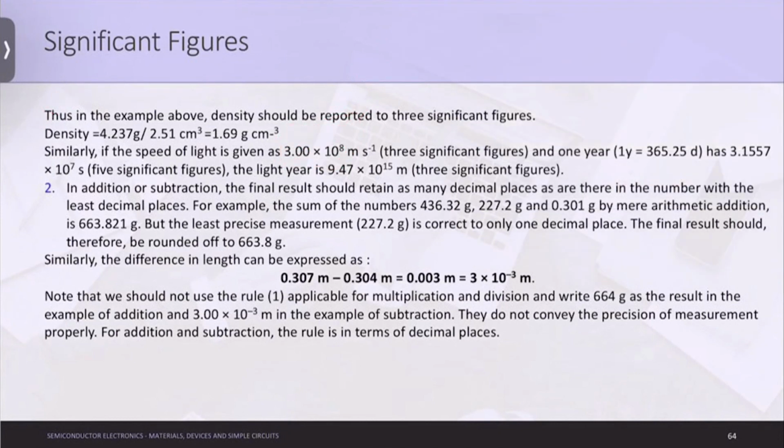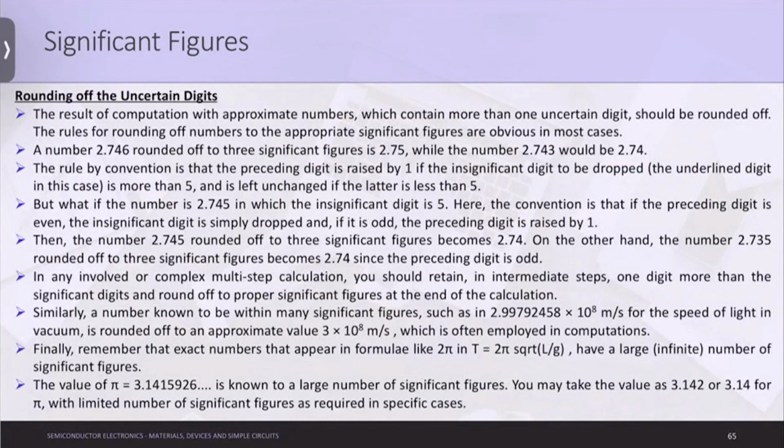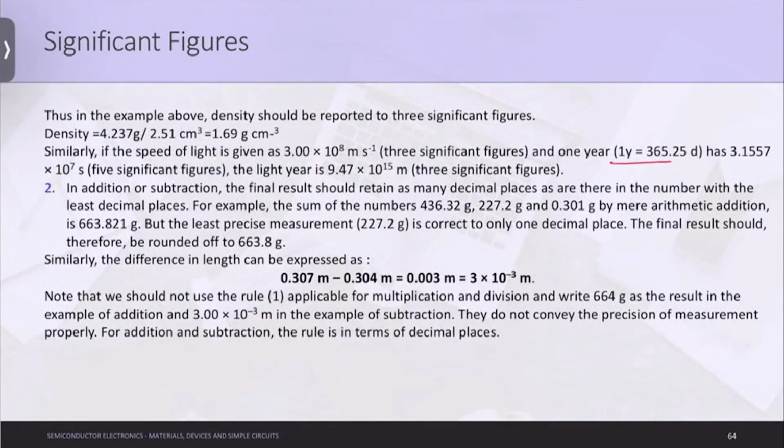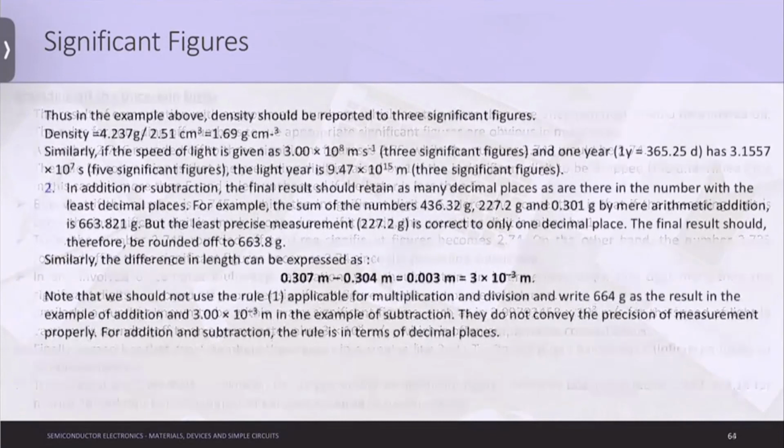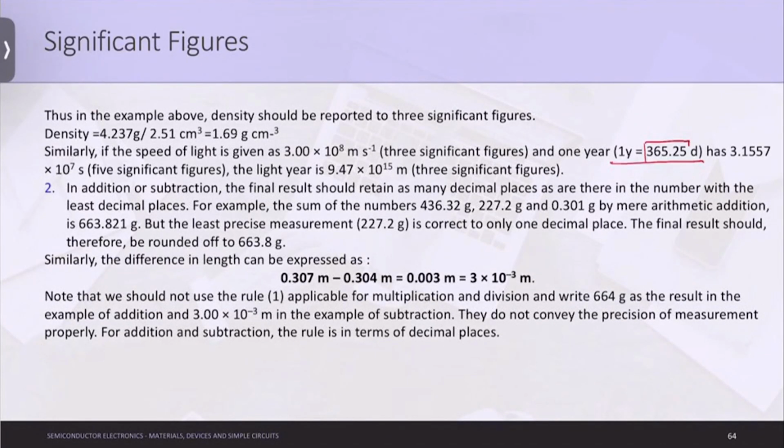And 1 year is 365.25 days, which is 3.1557 × 10 to the power 7 seconds. On calculation, as we took the days up to 5 significant digits, here also we will take it up to 5 significant digits only. We will try to convert it to seconds.